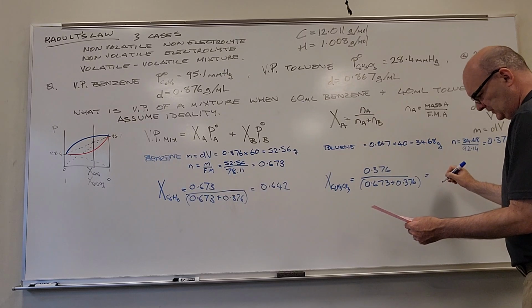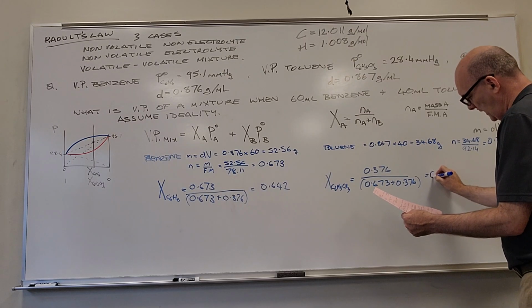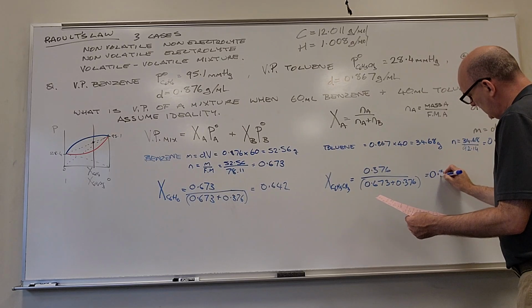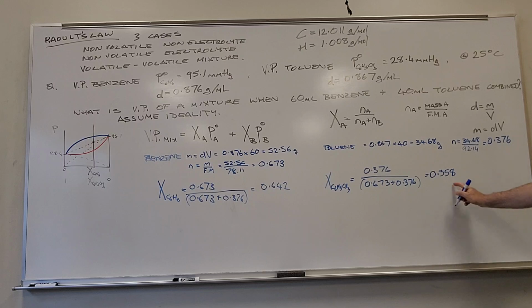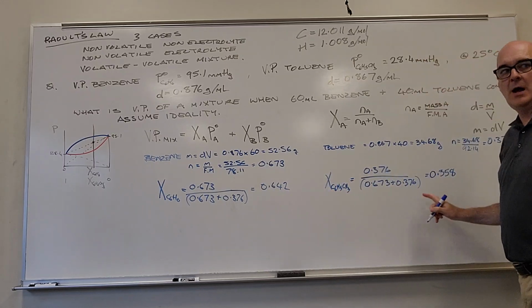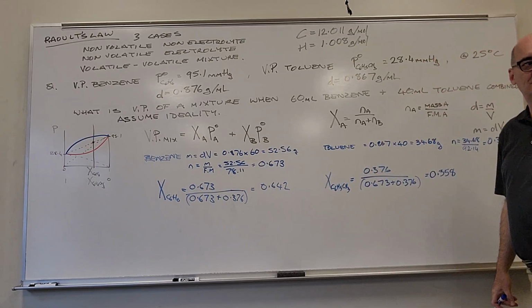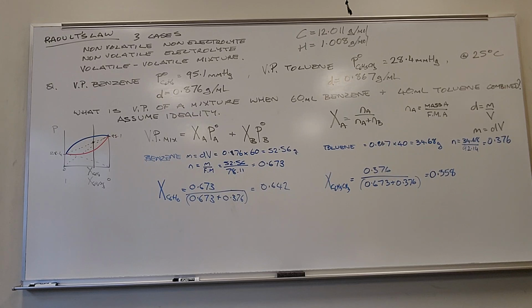All right, something magical should happen right here. Because this is only a 2-component system, those two numbers should sum to 1.00. That's how it works. Mole fraction has to be a number between 0 and 1.000. Those two numbers do. Okay.